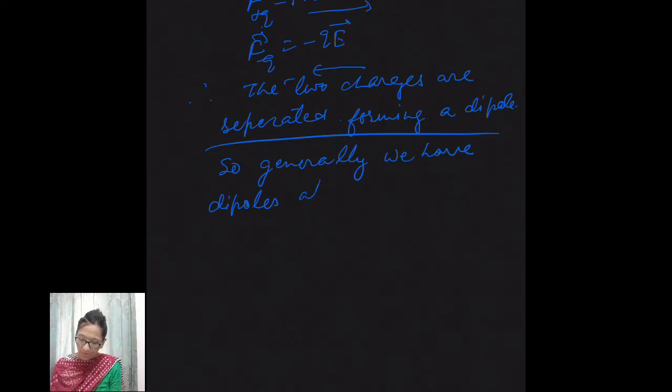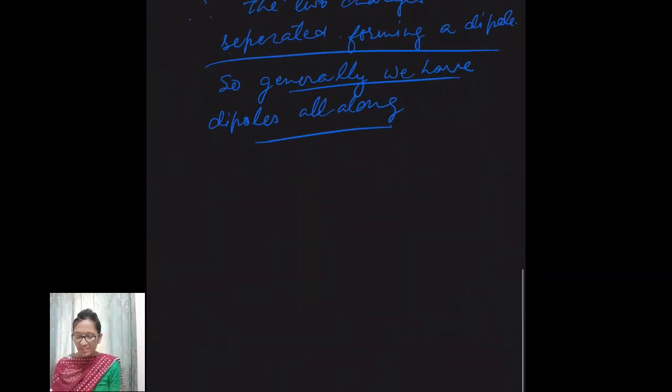Now we have to find the electric field due to such dipoles. So before finding the electric field due to a dipole, let us first know what a dipole is and what the dipole moment of this dipole is.